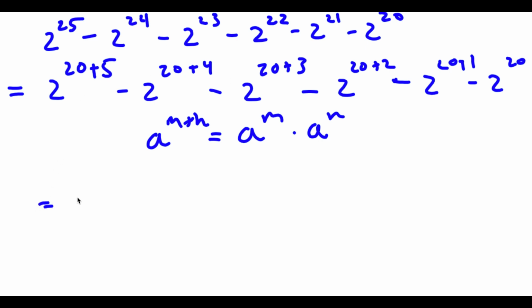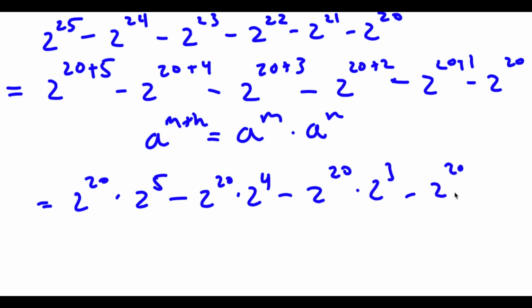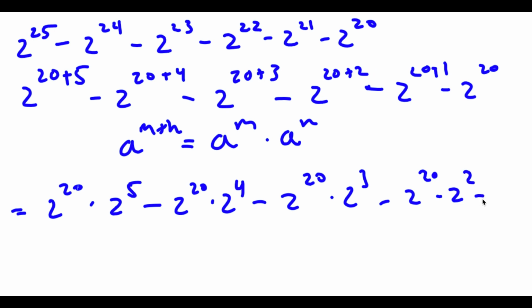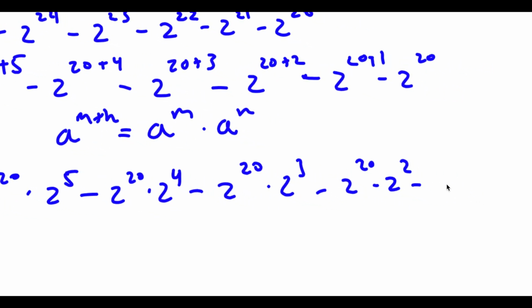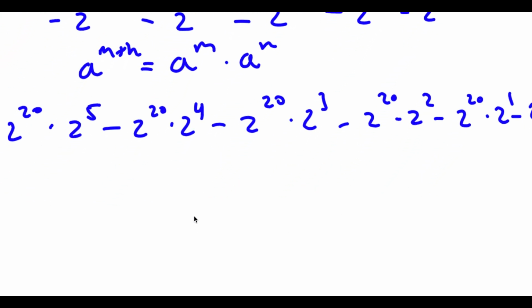So for all of these, 2 to the power of 20 plus 5 is going to equal 2 to the power of 20 times 2 to the power of 5. 2 to the power of 20 plus 4 is equal to 2 to the power of 20 times 2 to the power of 4. This is equal to 2 to the power of 20 times 2 to the power of 3, 2 to the power of 20 times 2 to the power of 2, and 2 to the power of 20 times 2 to the power of 1. And 2 to the power of 20 at the end.